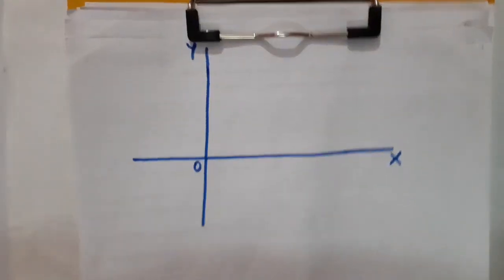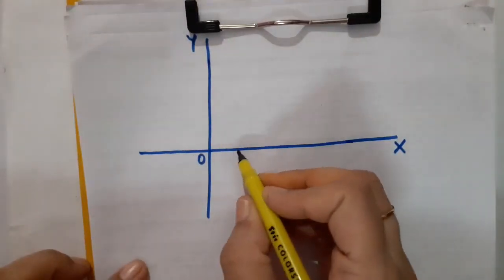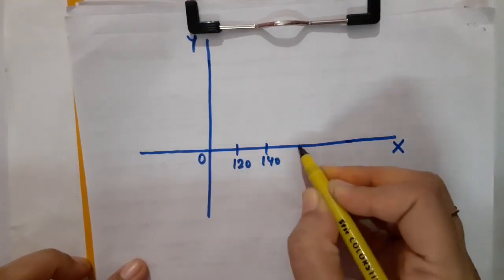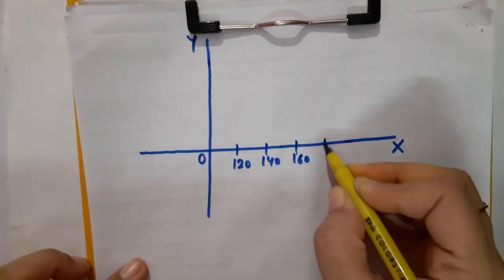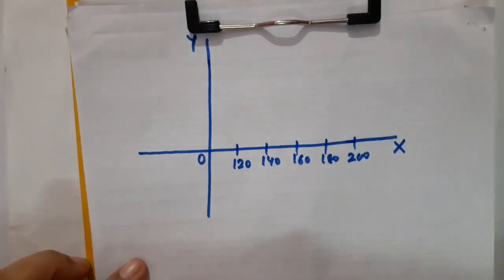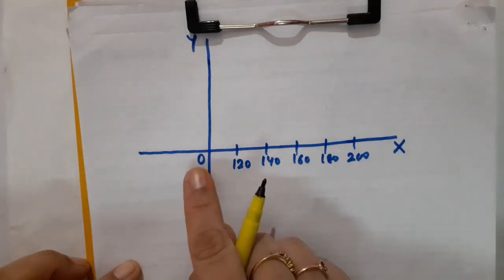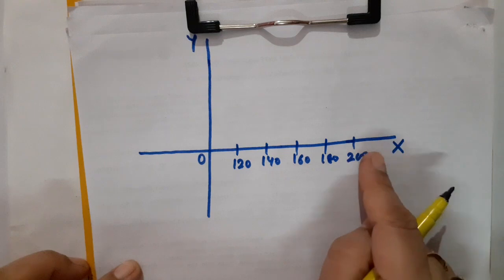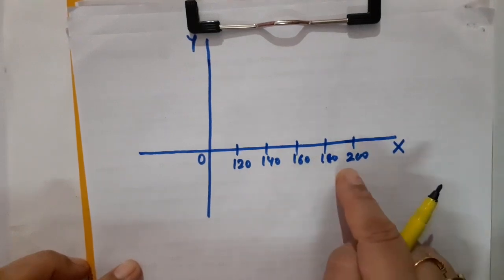So let us see. First of all, I am going to draw this 120, then 140, 160, 180 and of course 200. Correct? Children, you can see here from 0 to 120 directly we have moved. Otherwise there is a gap of 20 in each and every term.